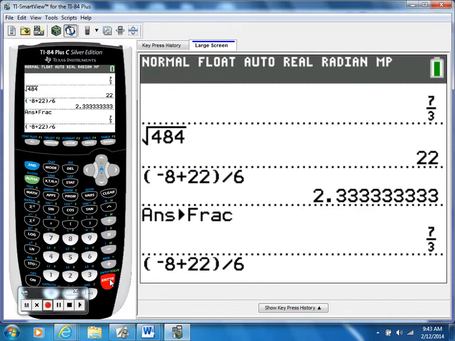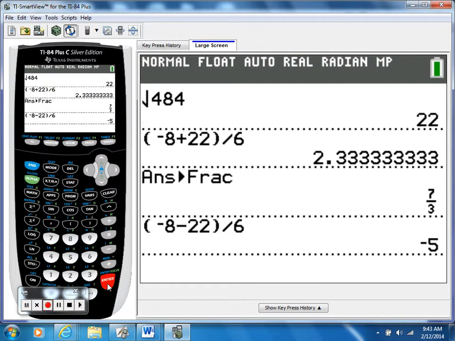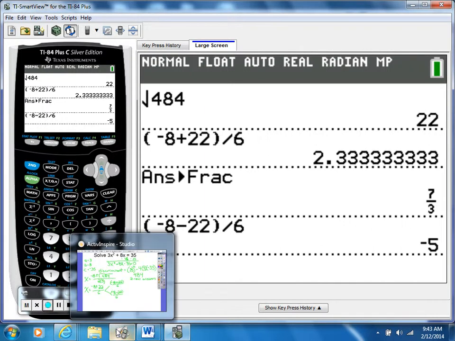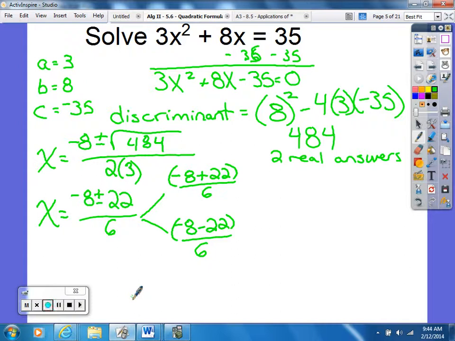Click enter, and now I can go back over where the plus sign is and change it to a minus sign. I don't have to retype that. Negative 5. So, I have 7 over 3 and negative 5.